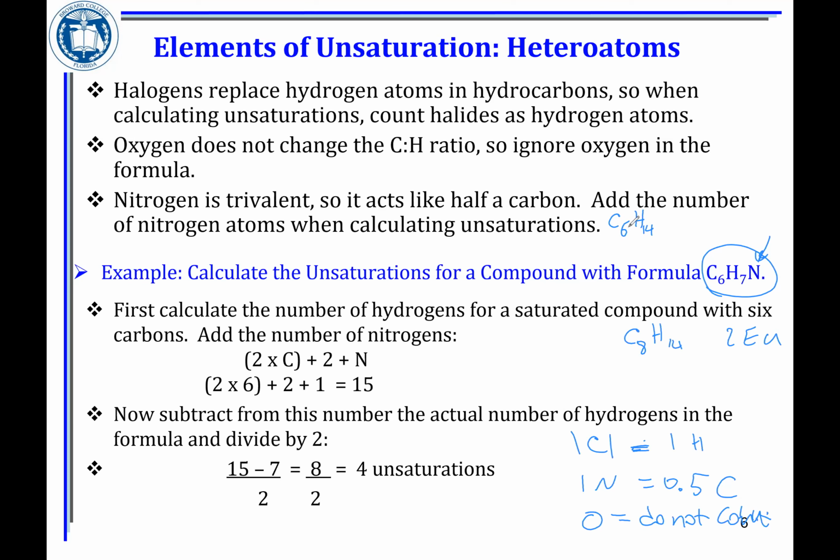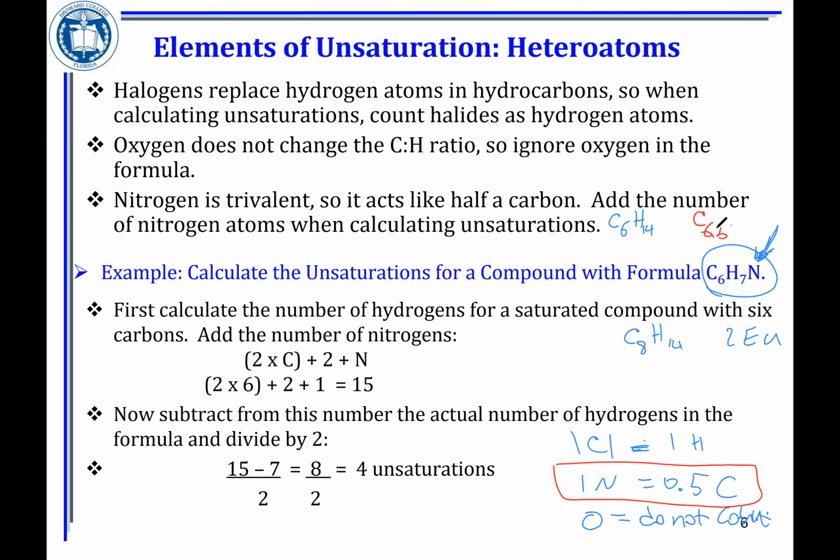And then in this structure, how many carbons do you have? Is it 6 or 6.5? It's 6.5, because nitrogen in the molecule counts as 0.5 carbon.